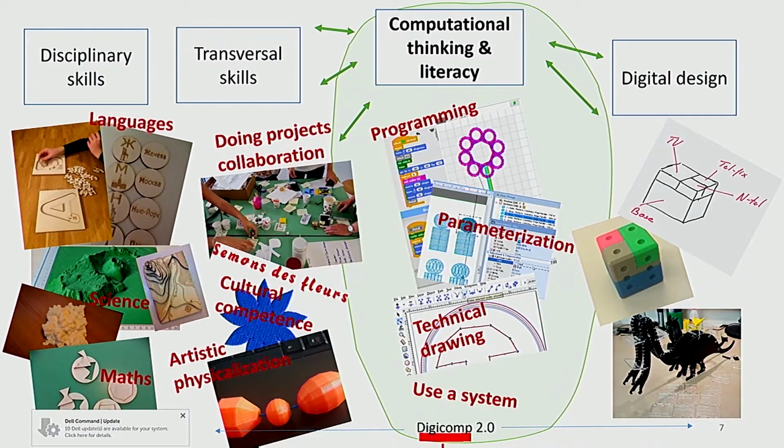I would say 5% is computer science, and 95% is just being able to talk, to communicate, to be smart in a certain way, okay? So nowadays, if you talk about computational thinking, you also talk about things that are around computational thinking. And making is a good medium to develop those things, including digital design, of course.